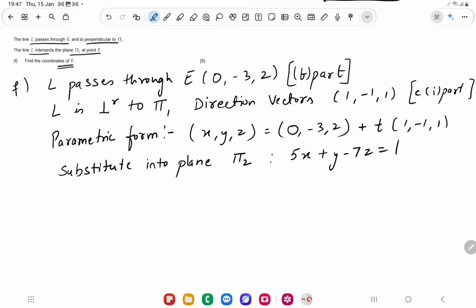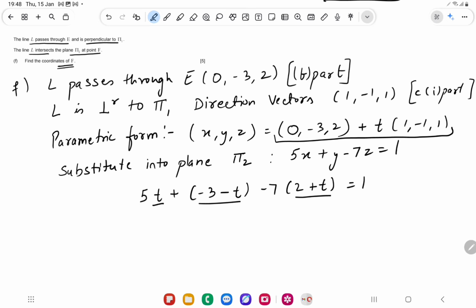As it intersects the plane at F, I can write it as 5t plus minus 3 minus t minus 7 times 2 plus t is equal to 1. Now you must be wondering from where I got this t, minus 3 minus t and 2 plus t. If you simplify this, you will get these three values.